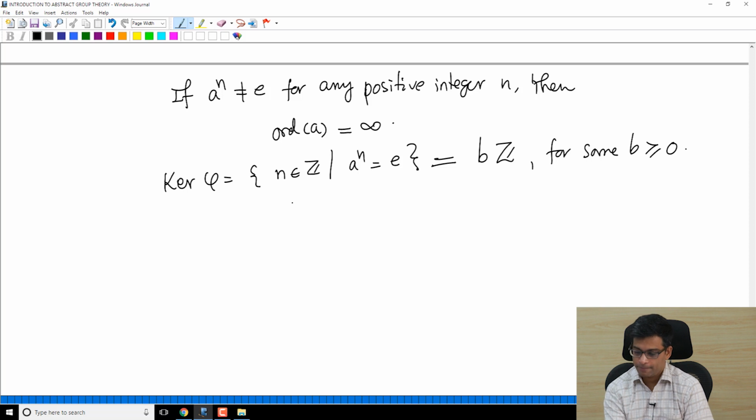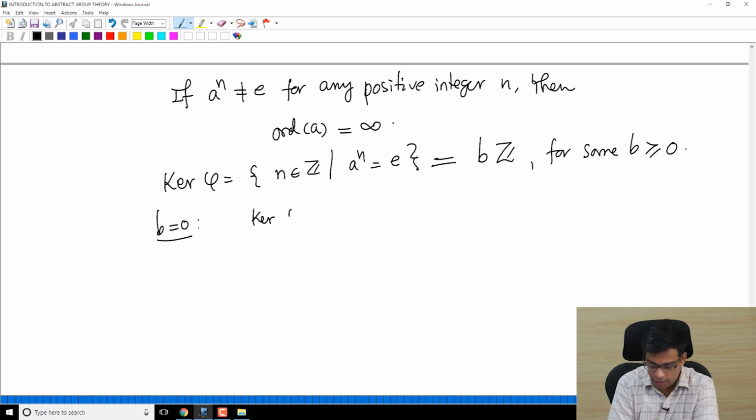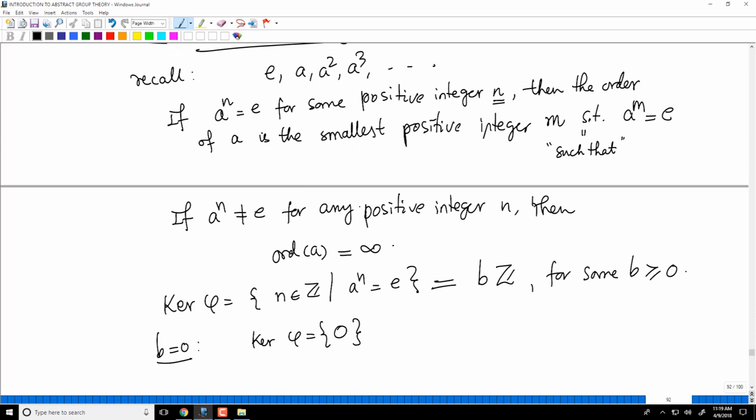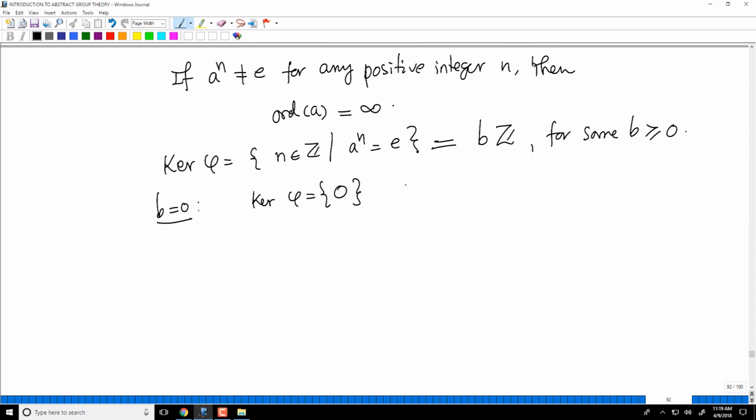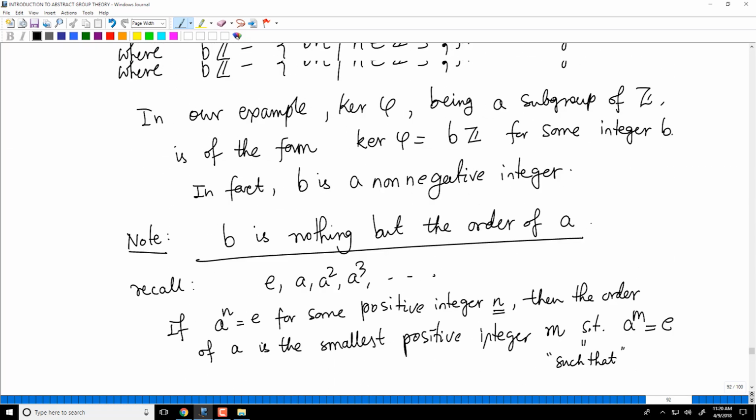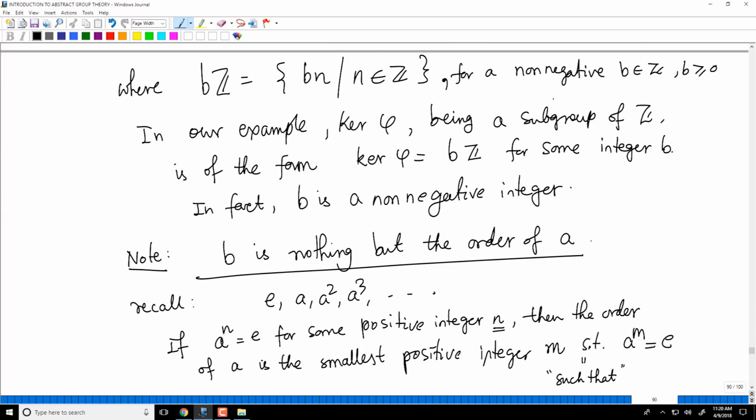So it's either 0, in which case the kernel of phi is the zero set, and in this case A power n cannot be equal to e for any positive integer. So the order of A is infinity.